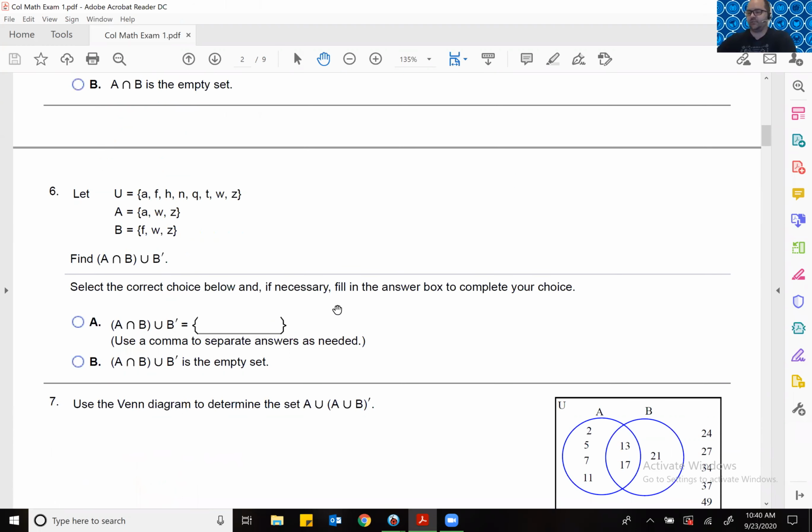Number 6 is still from 2.3, but we're getting a little bit more complicated.